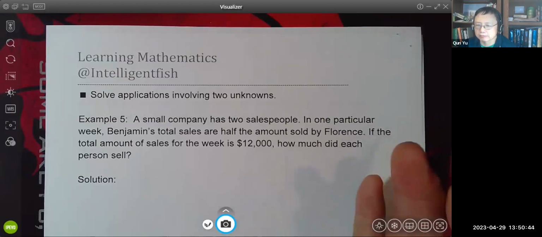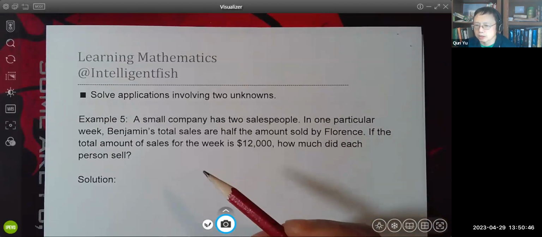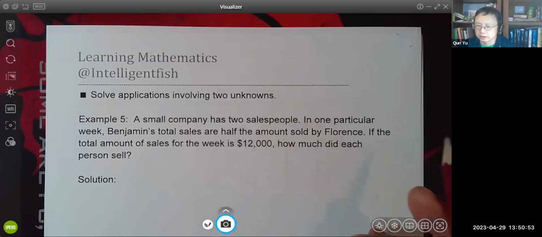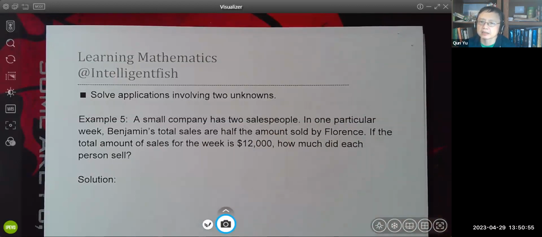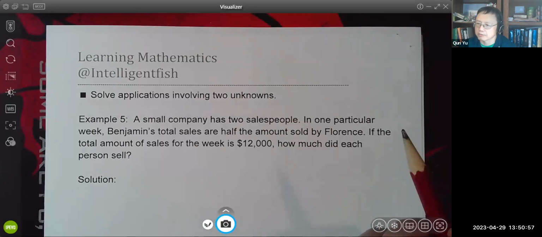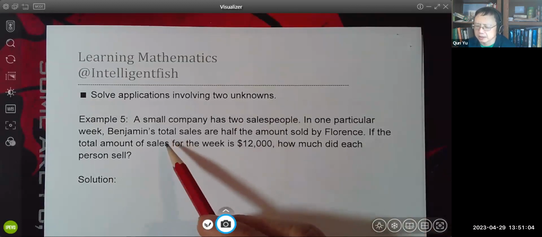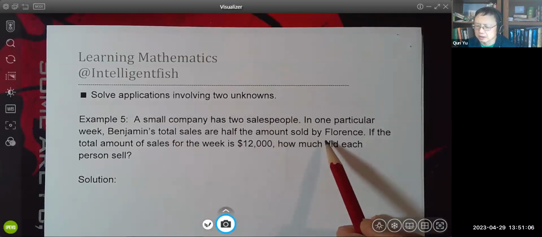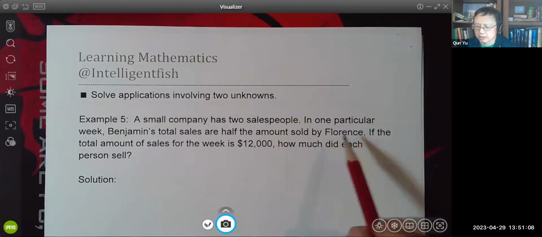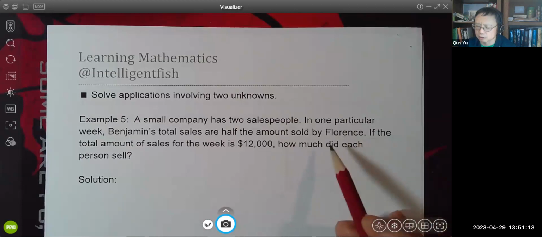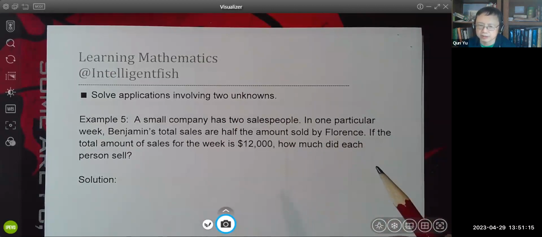So we have two unknowns. We don't know the sales for each person, but these two unknowns are related because Ben's sales is just half of Florence's sales. Whenever there's a relation between unknowns, you can represent all of the unknowns by the same variable. In this case, the reference is Florence's sales. Whatever the number is, Ben's sales will be half of that. That's why we call Florence's sales the reference number.